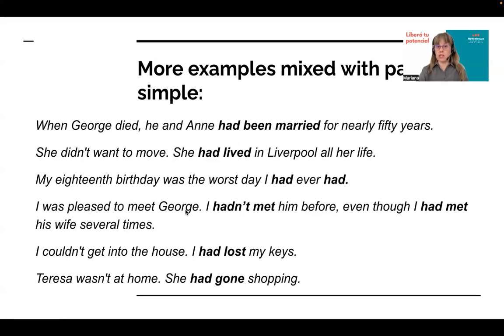I was pleased to meet George. I hadn't met him before, even though I had met his wife several times. Couldn't get into the house. I had lost my keys. Teresa wasn't at home. She had gone shopping. Okay, then again, if you see, there's a pattern here, all the time the same.